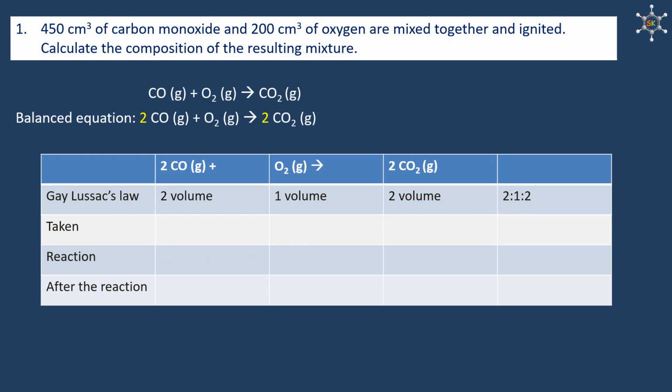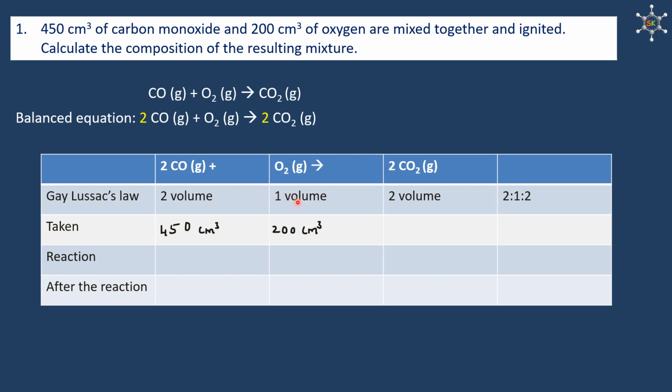The amount of carbon monoxide taken is 450 cm cube. The amount of oxygen taken is 200 cm cube. If we observe the reaction, 2 volumes of carbon monoxide demand 1 volume of oxygen.